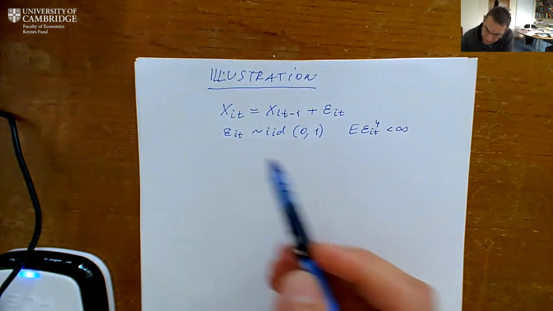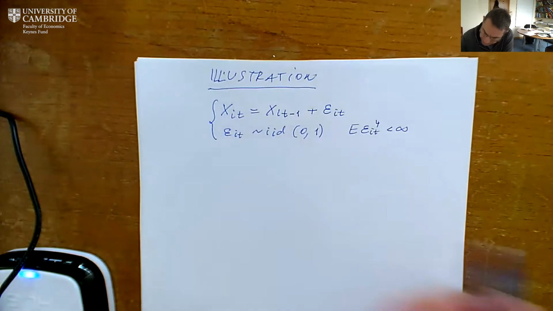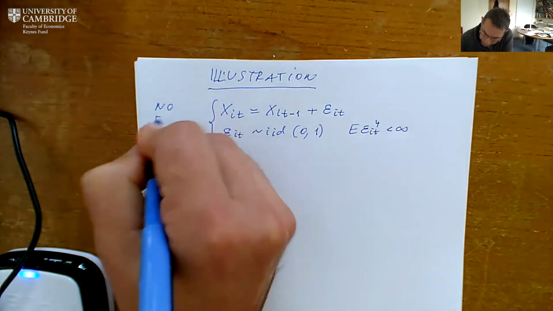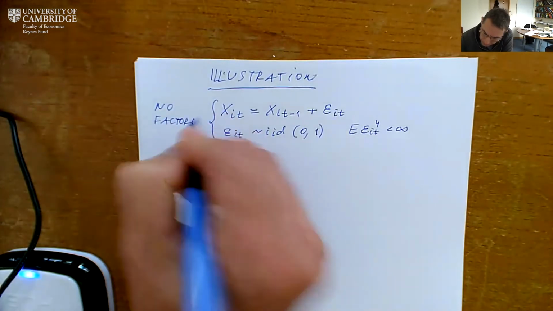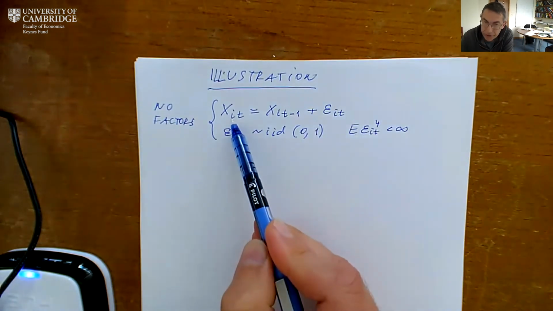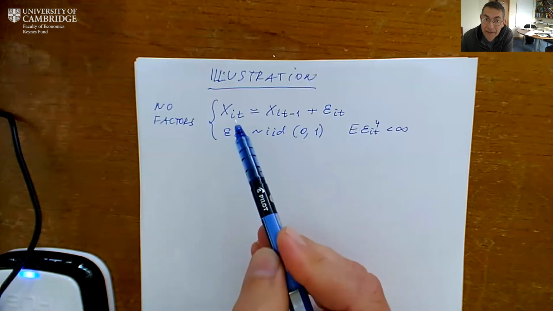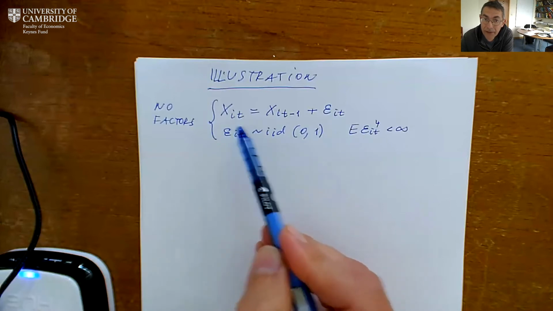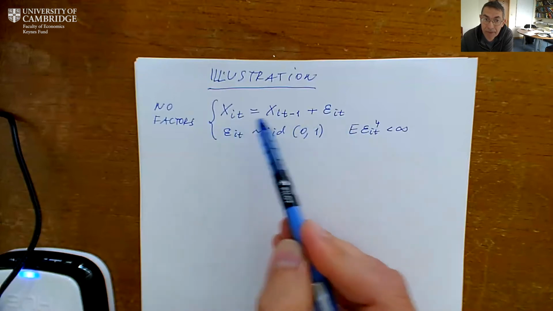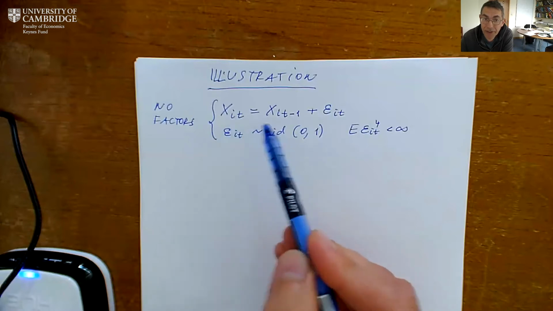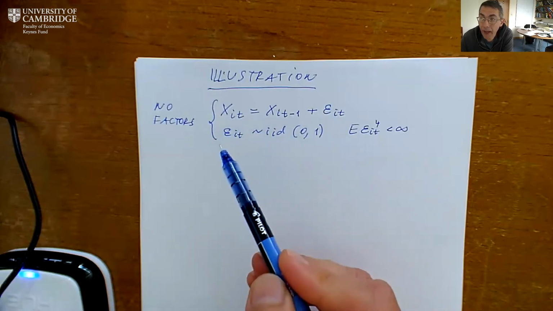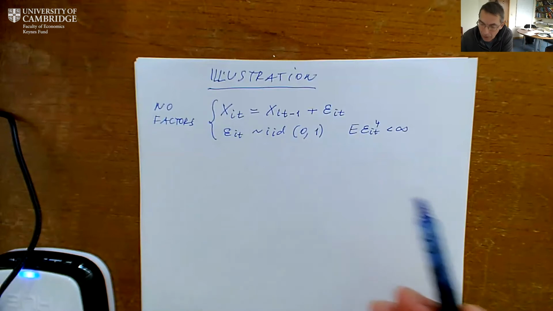This really implies that there are no factors in the data, because the data is cross-sectionally totally independent. There is no commonality across different i. Each series corresponding to a different i is just a random walk, absolutely independent.